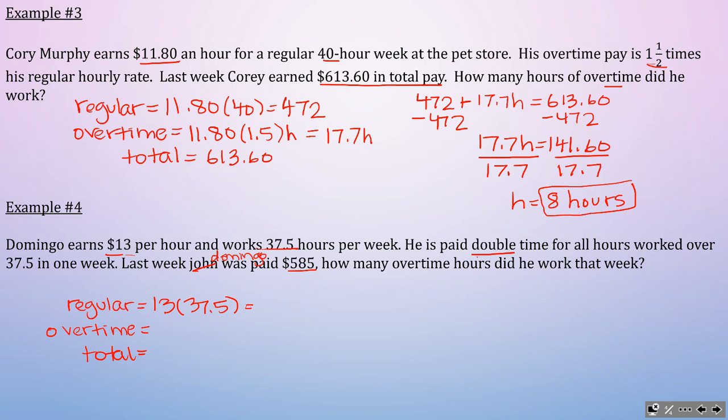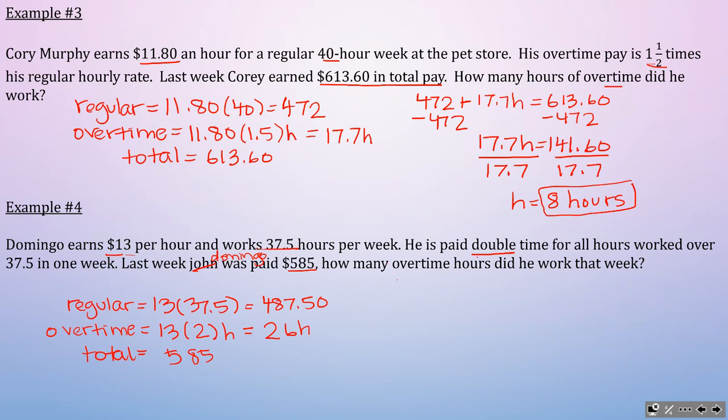When I multiply 13 and 37.5, I get 487.50. For our overtime, we take the hourly rate. This time it's double time, so I'm going to put 2. And I don't know the hours, that's H. When I multiply those, I get 26H. And then my total, 585.